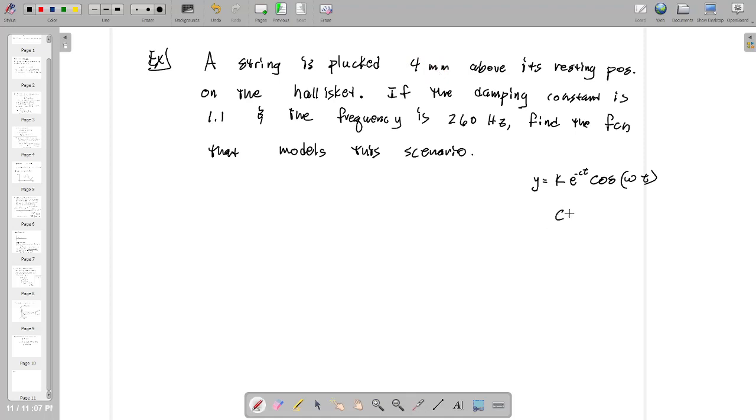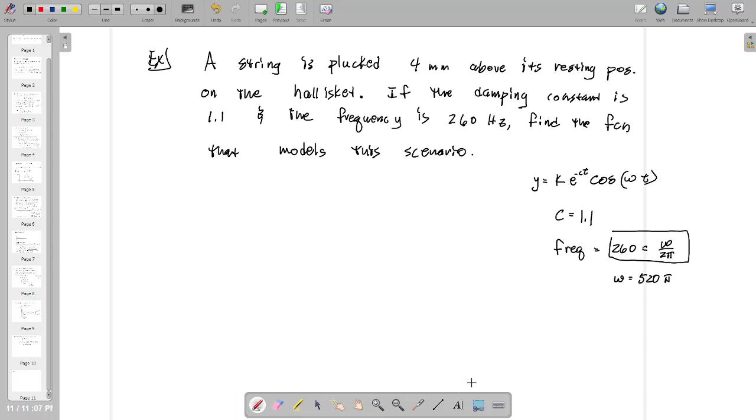We also know that c is equal to 1.1. It was given in the problem. That's the damping constant. And we know that the frequency is equal to 260 Hertz. That's the same thing as cycles per second. So again, we know that frequency is also omega over 2 pi. So if we multiply the 2 pi over, using this equation, we can find that omega is equal to 520 pi.